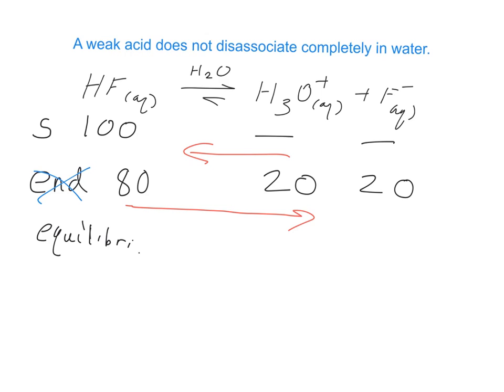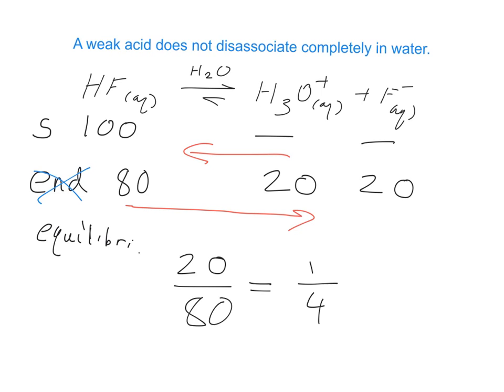However, this breakup cycle, this together cycle, eventually reaches a state where the ratio of molecules broken up to molecules together is constant. For example, here we have 20 broken up to 80 together, or a 1/4 ratio.